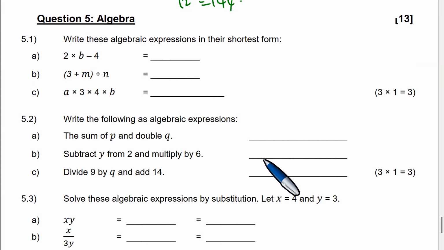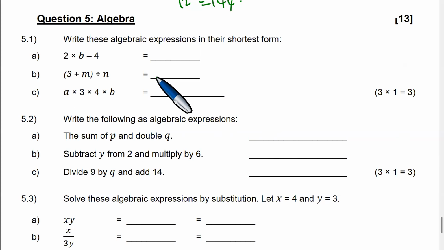Write these algebraic expressions in their shortest form. What is 5.1A? This one, what is it? Please come again.